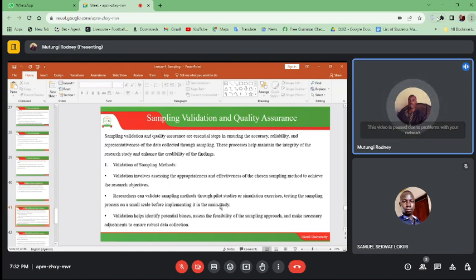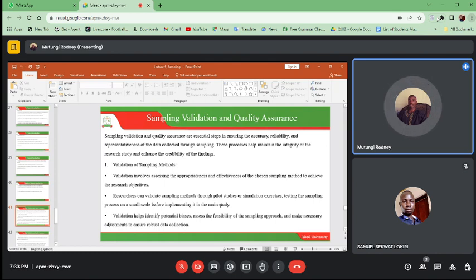So when we talk about validation of sampling methods, we are trying to maintain the integrity of this research or this evaluation that we are doing as M&E experts. So validation of sampling methods involves assessing the appropriateness and effectiveness of the chosen sampling method. And you do this, like we have been saying, through pilot studies or simulation exercises.